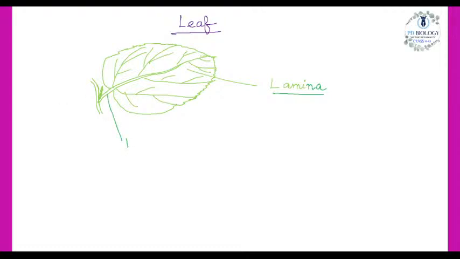This is the petiole, this junction is called the leaf base, and this structure is called the stipule.